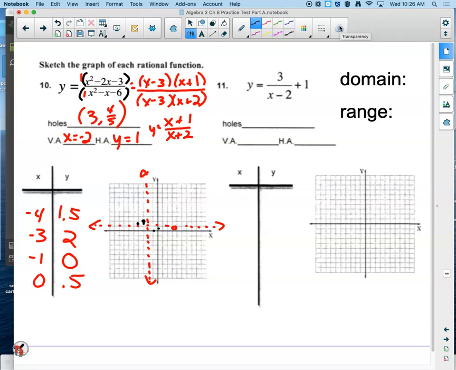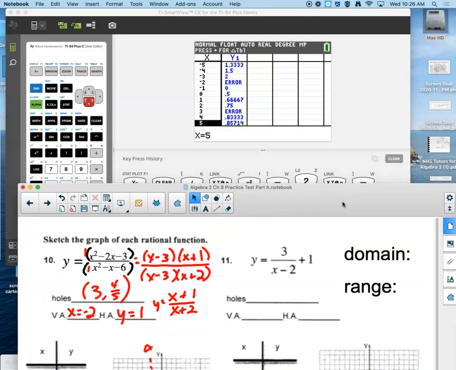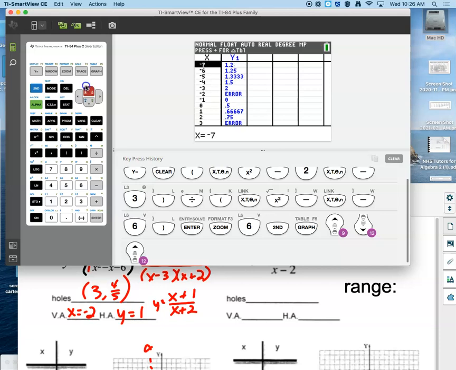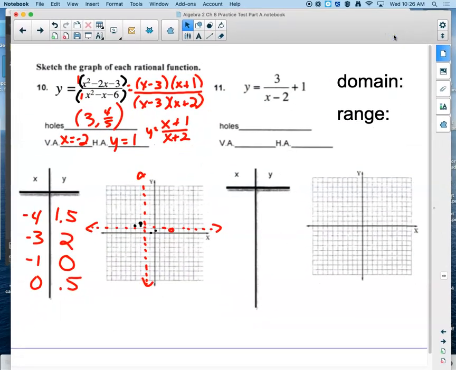Now, since this is a test, even though I might not write it down, I might want to see what's going on out here at -10 and make sure that it's really super close to my asymptote at 1, and it is 1.125. And I might want to see what's going on way out on the other end at 10, .92, so getting closer to 1. So that absolutely tells me my asymptotes were on here correctly. And this is going to go pretty close in to that new origin.